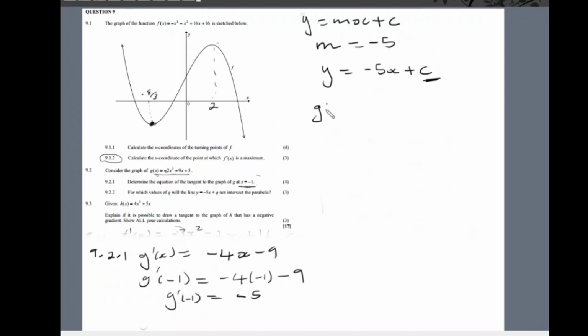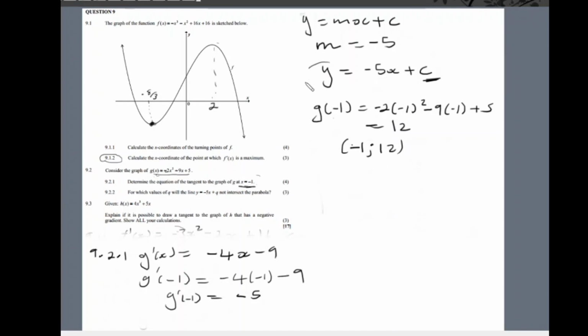So I'll substitute minus 1 into my function, and I'll have minus 2 times minus 1 squared plus minus 9 times minus 1 plus 5, right? If I punch that into my calculator, when x is minus 1, y will be 12, right? So I can use this coordinate, minus 1, 12, to calculate the value of c.